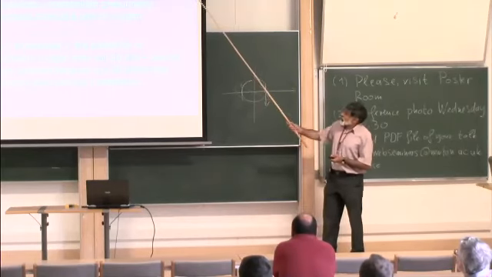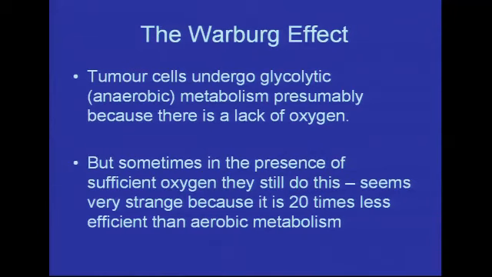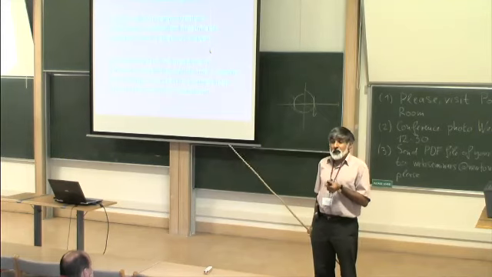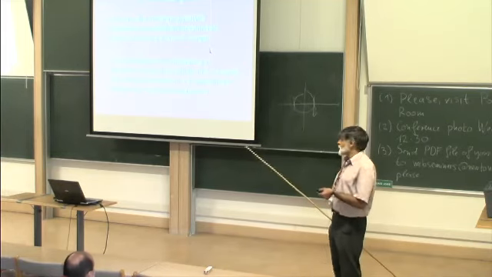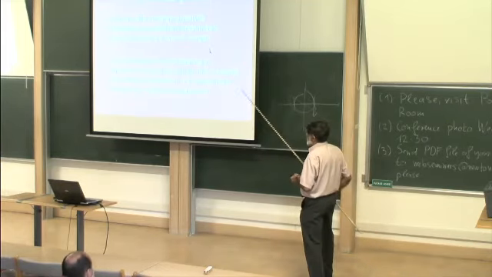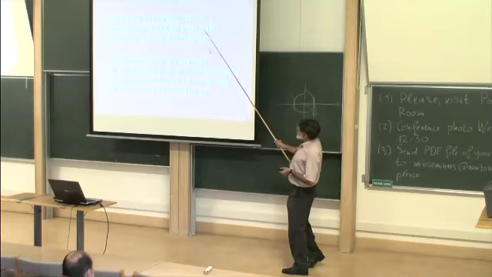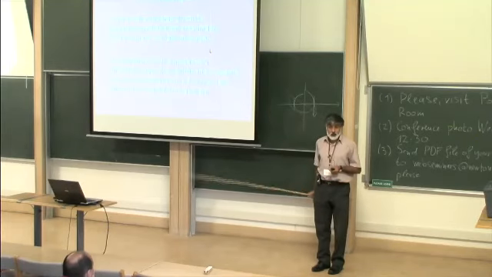Now, it's been known for quite a long time, since the 1930s, something called the Warburg effect. If you think about it, there are two ways a cell can get energy. One is from aerobic respiration, which uses oxygen, and one is from anaerobic respiration or metabolism, which cells undergo when there's a lack of oxygen.